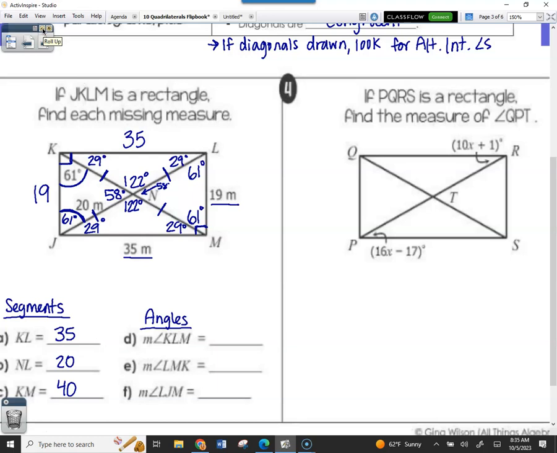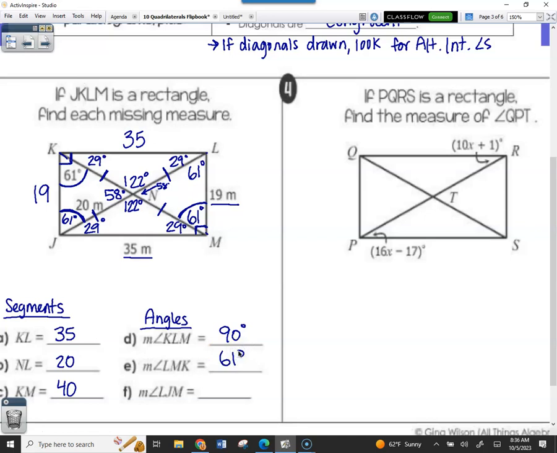All right, angle KLM. K to L to M. Well, we just traced the edge and the edge, which means it's a corner angle. What are the corners of rectangles measured? 90. LMK. L, M to K means this angle right here. 61.